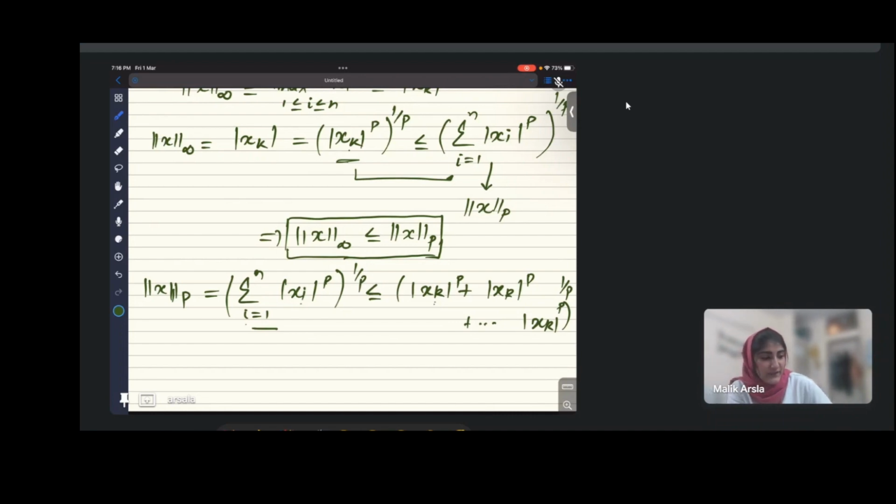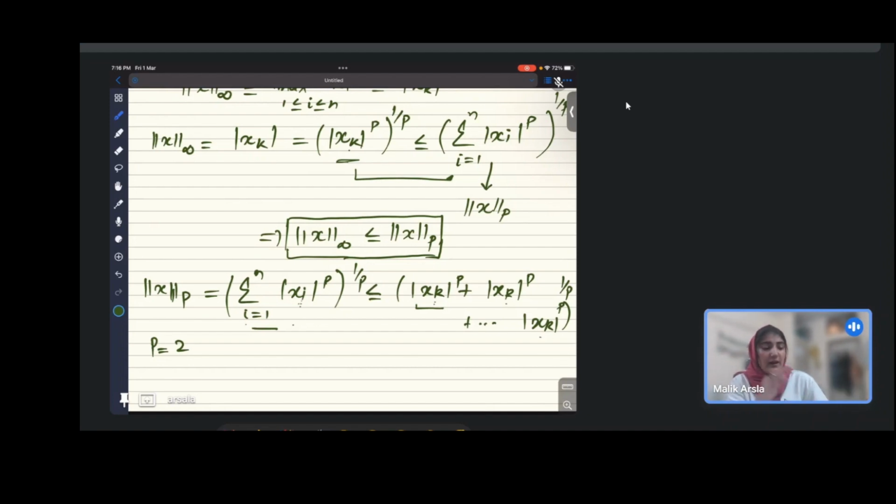Consider p is equal to 2 in our case. This is x1 square plus x2 square plus x3 square. We know that x1 square is going to be less than or equal to xk square, x2 square is less than xk square, x3 square and x4 square are less than xk square, because xk is the maximum value.